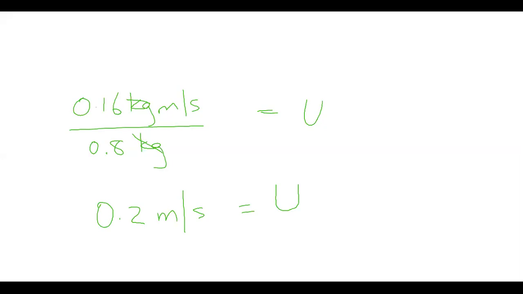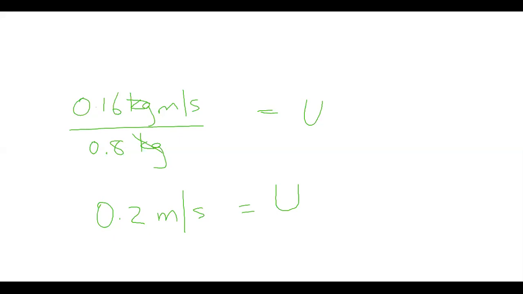So the moving toy engine was moving at a momentum of 0.16 kilogram meter per second. It hits the stationary truck, which has a momentum of 0 because it was not moving. You would only get a momentum if the object is moving.